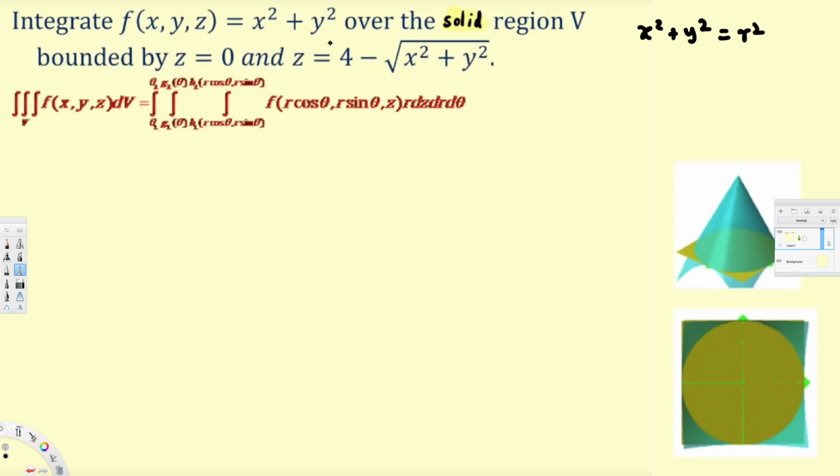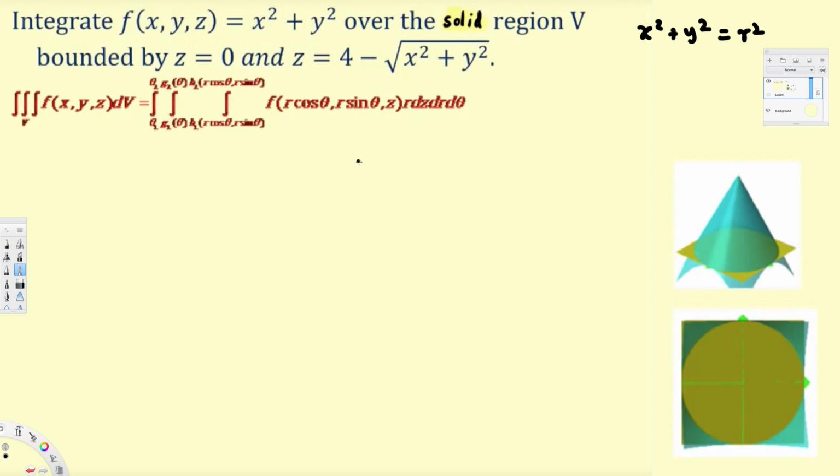Now we have to find out the limits of integration. We know that the base is this circle. To find the base equation, we have to set z equal to 0, because in the base z is equal to 0, because this is going from 0 to this one, right?